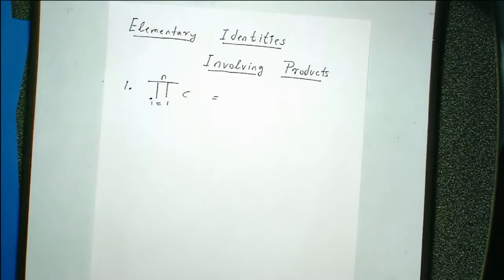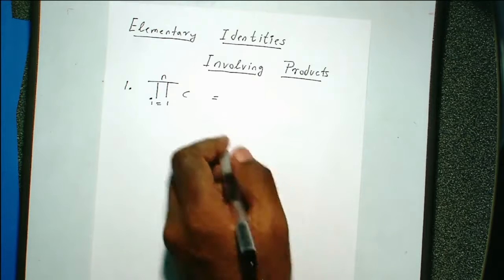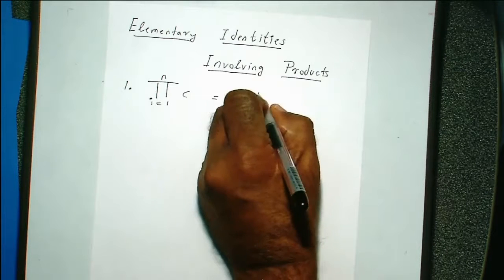Now, if you have a product of a constant from 1 to n, what do you think is equal to? It's the nth power of c, the constant, right?